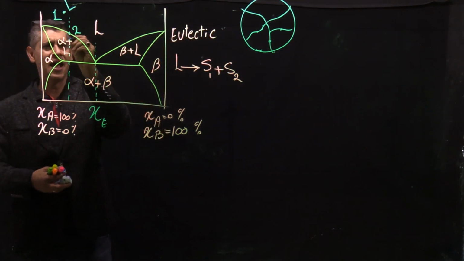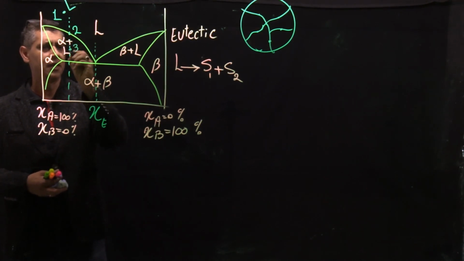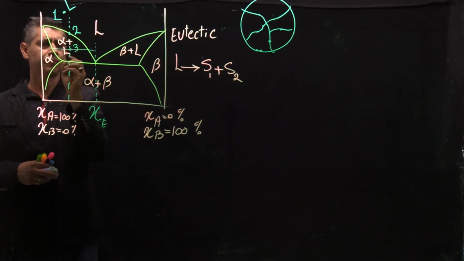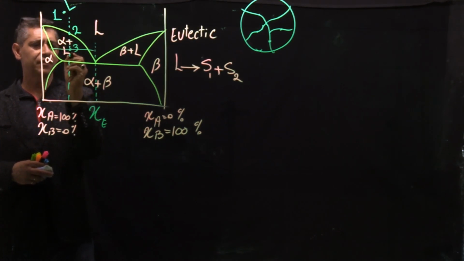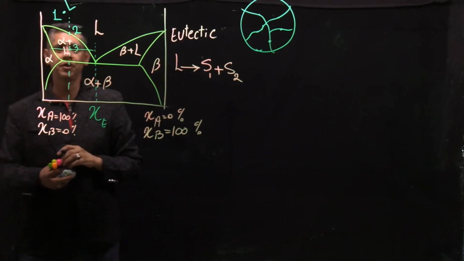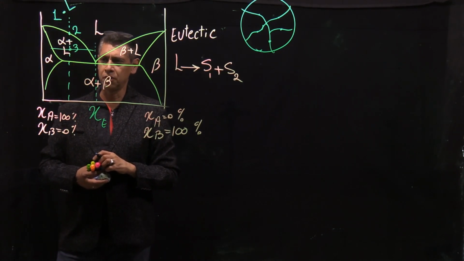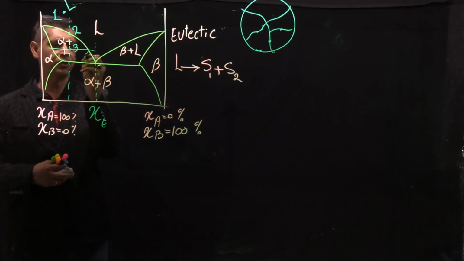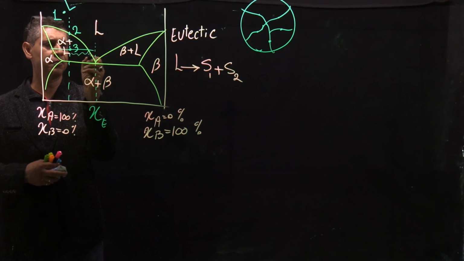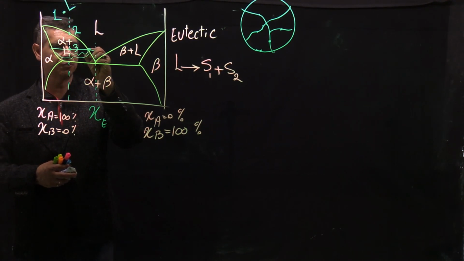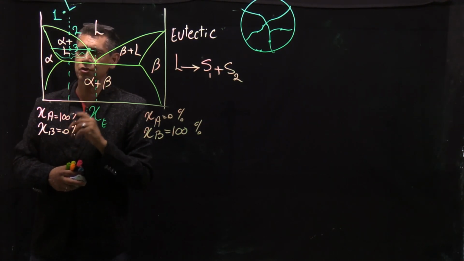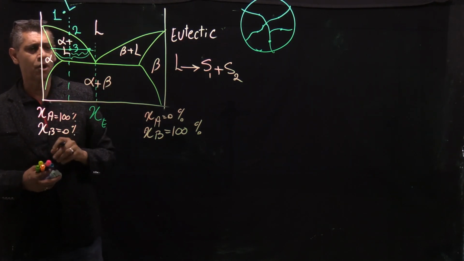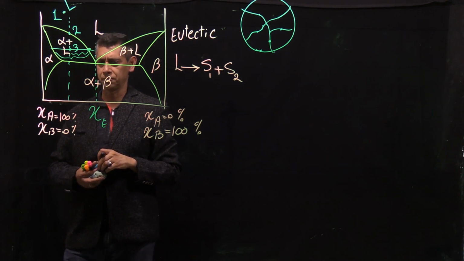And as I'm coming down here to 0.3, for example, remember the previous example. Here I have solid and liquid in equilibrium. If I want to know how much solid I have, how many percent, I go this arm divided by the entire arm. This would be the composition of liquid, and this would be the composition of solid.